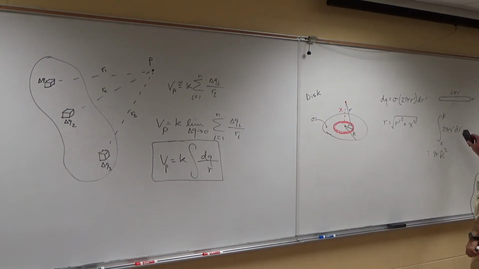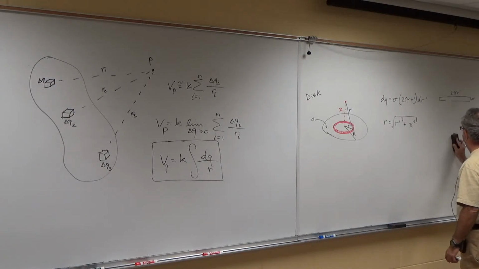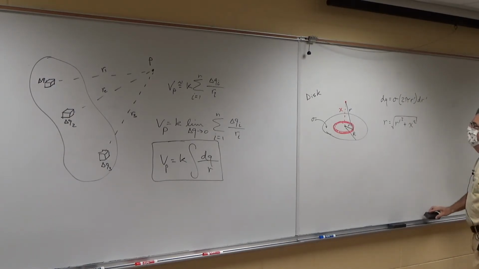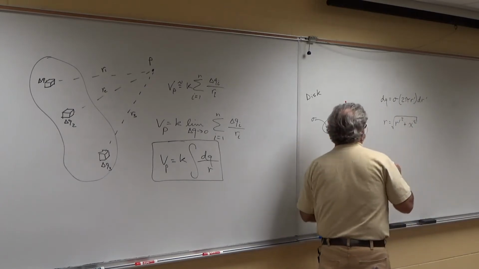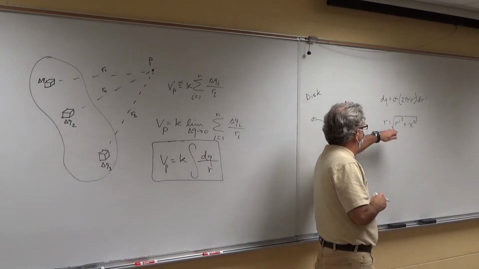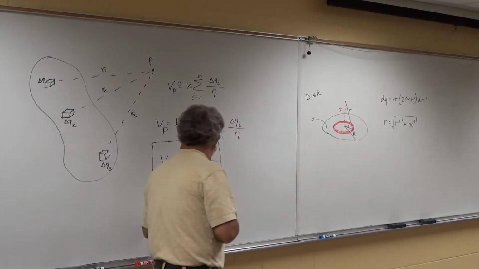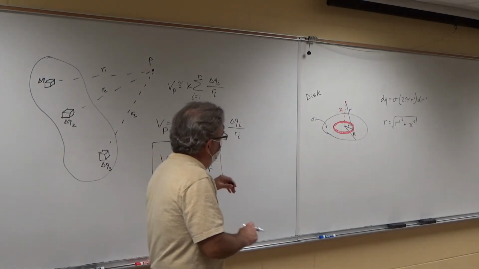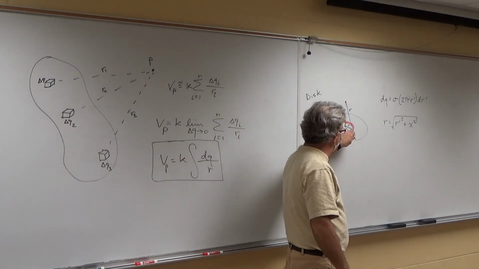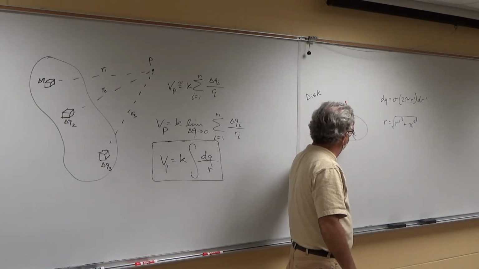Back to this. Okay, so we've got dq. We've got r. What else do we need? Limits of integration. You always integrate over where the charge lives.